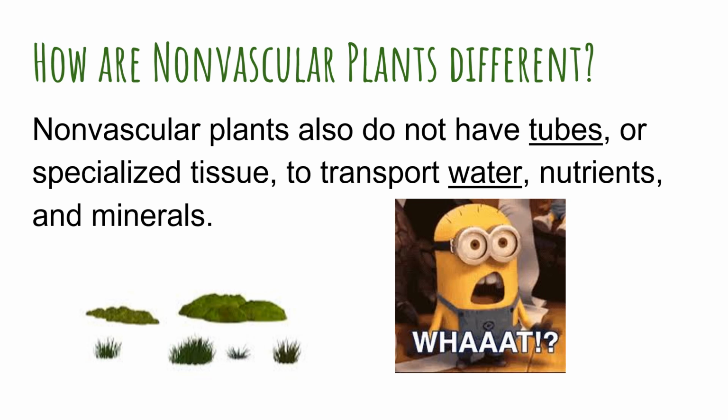Therefore, non-vascular plants also do not have tubes or specialized tissue, which again, both of these words should make you think of that V word, veins, okay? They do not have tubes, specialized tissue, or veins to transport the water, nutrients, and minerals, okay? It's shocking, right? But they still get those water and nutrients and minerals just in a different way.